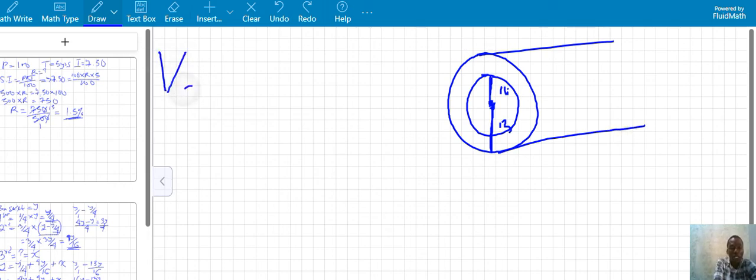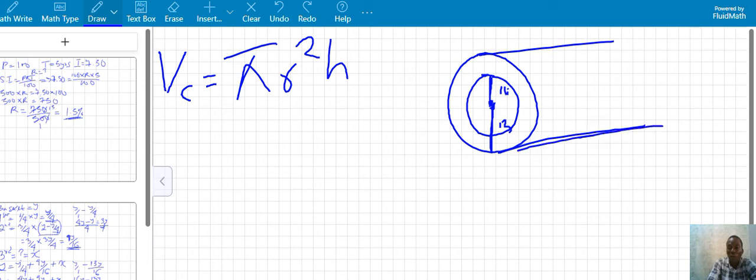The volume of a cylinder is equal to pi r square h. Now remember, this cylinder has an internal and an external radius, and the length of the cylinder is 3 meter.